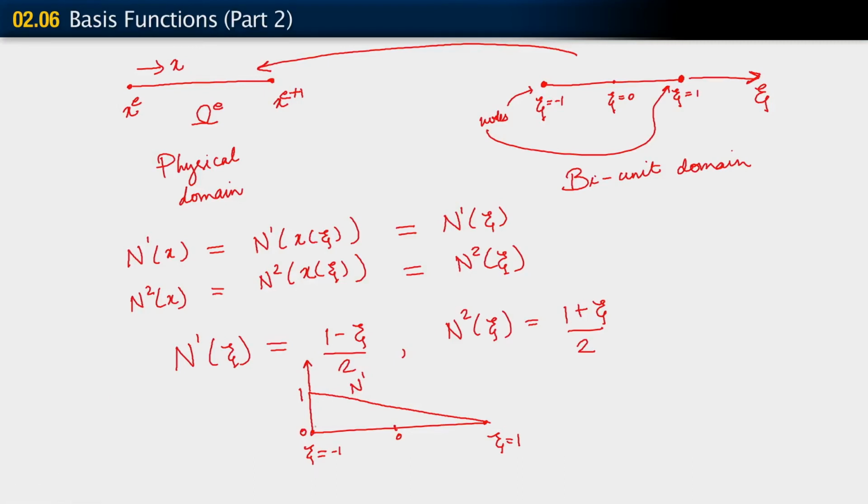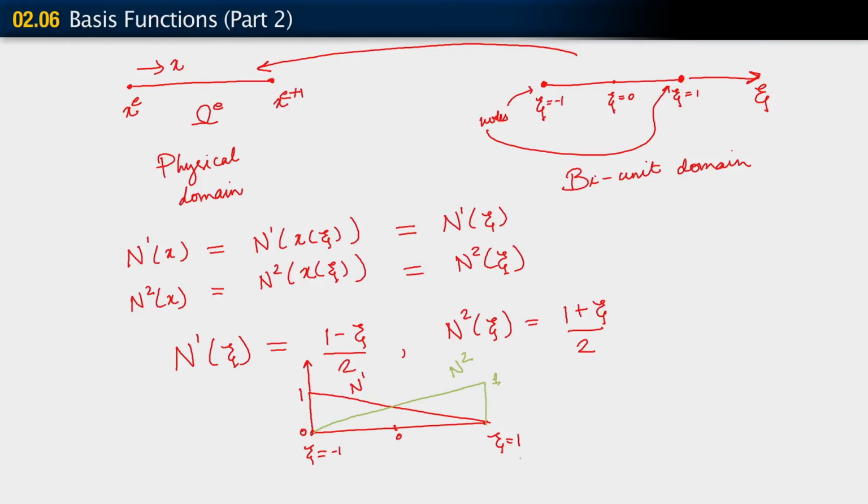For N2, I have that. That is N2. That is again the point 1, and you observe that when we're at xi equals minus 1, N2 drops to 0.